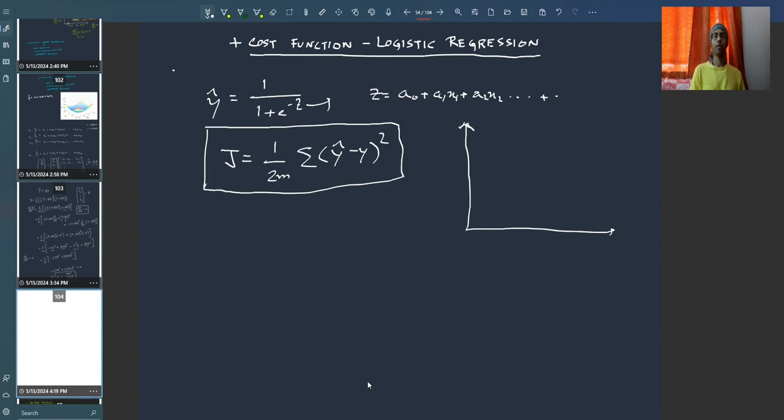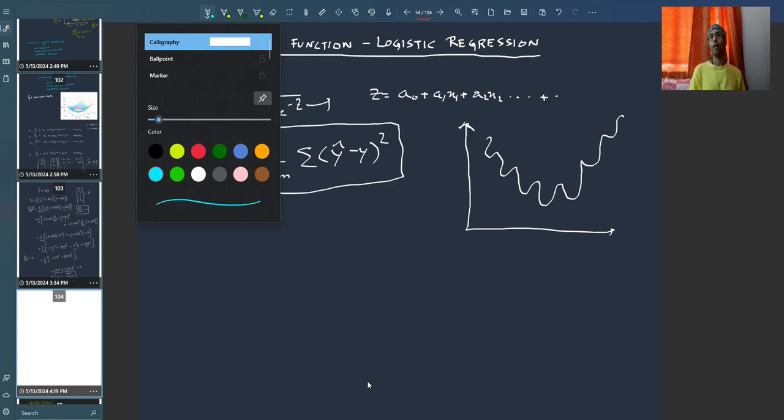Using this function, the convexity of the gradient curve is lost. It becomes like this. The smooth convergence to a single global minimum is no more there. We have to deal with multiple local minima if we use this kind of equation.